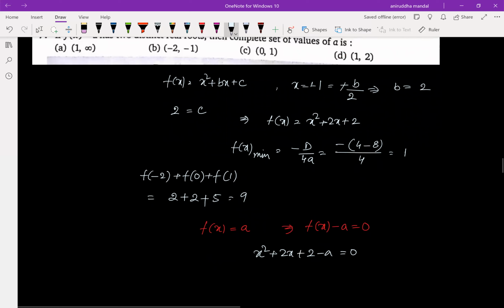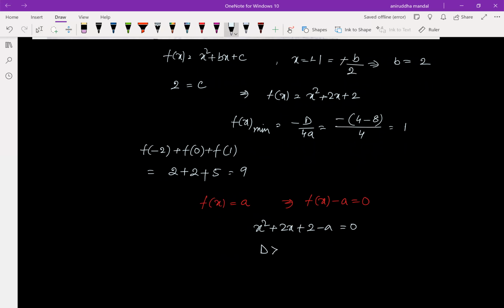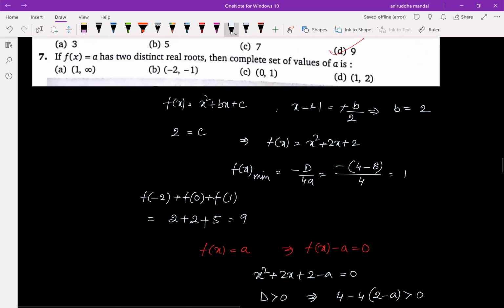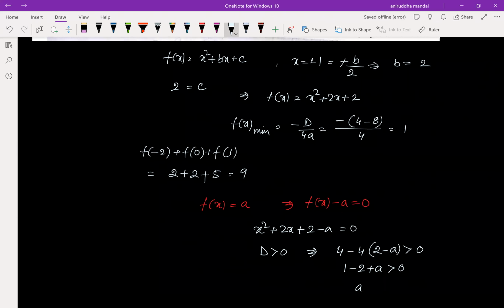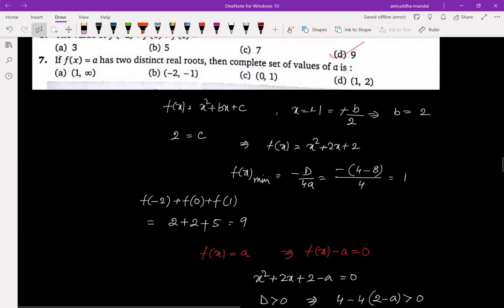This has two distinct real roots, which means the D value is greater than 0. So b² - 4ac should be greater than 0. Taking 4 common, it gets cancelled and we get 1 - 2 + a, which means a is greater than 1. So a is from 1 to infinity. So option A is correct.